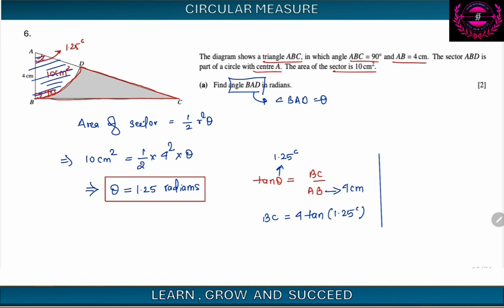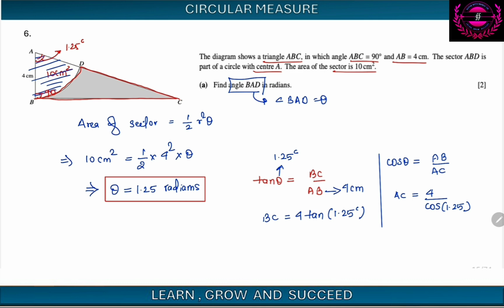Similarly, you can also find the length of AC. Cos theta is base upon hypotenuse. So base is AB and hypotenuse is AC. So you can find the length of AC as 4 upon cos 1.25.